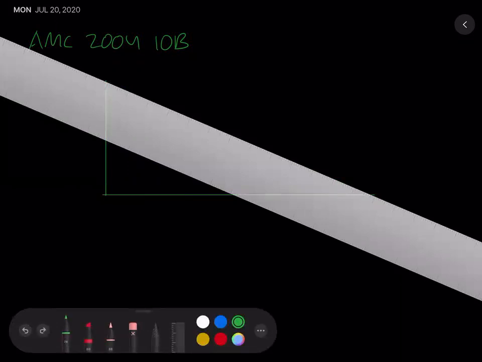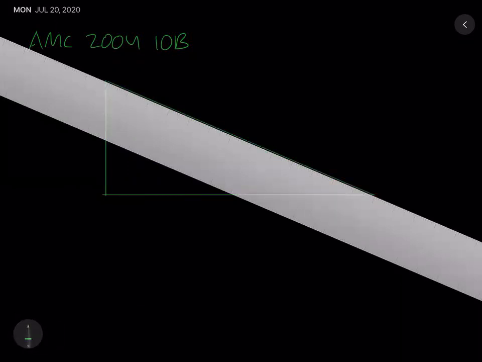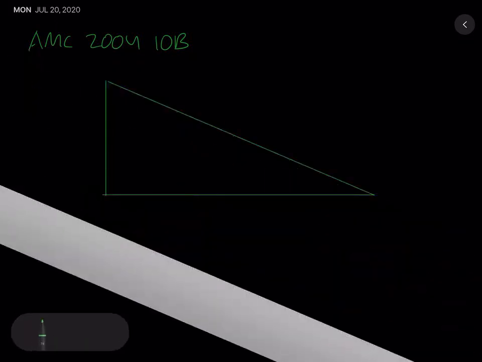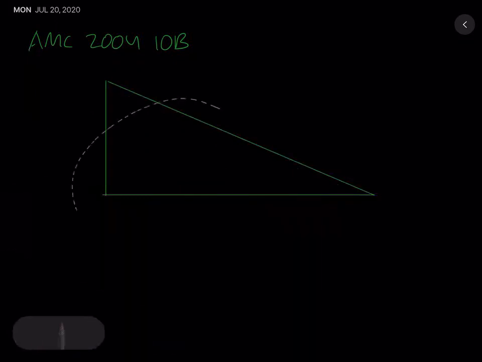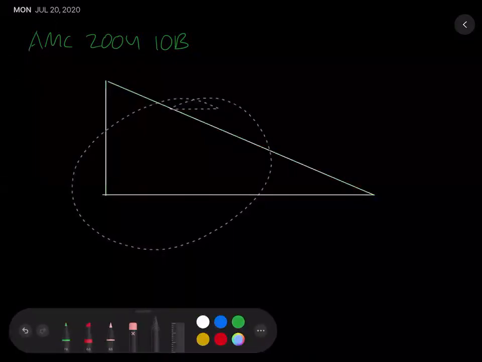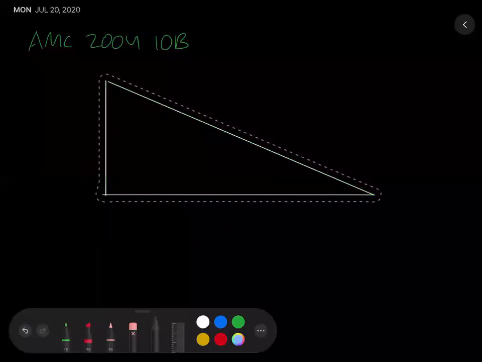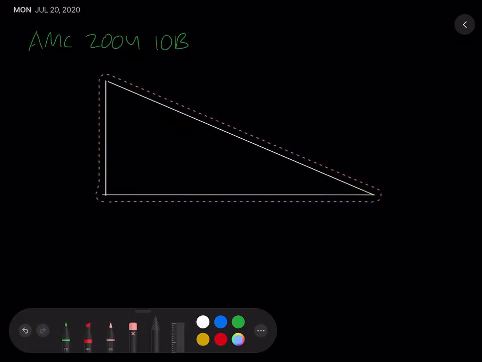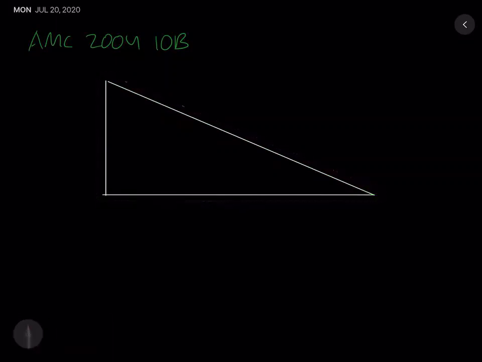Overshot it. There you go. And let me just make this a brighter color. So all triangles have an inscribed and circumscribed circle. And we want to find the distance between the center of those circles.